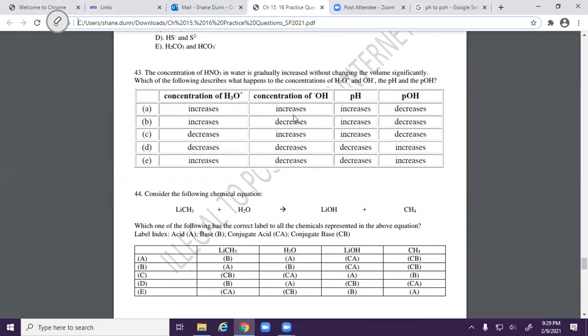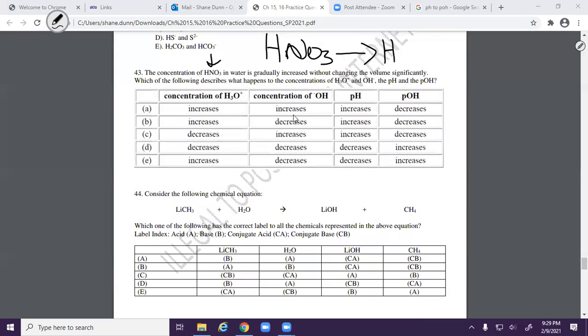So, HNO3, strong acid or weak acid? What's that mean? Okay. So, this is the equation right here, right? That's the equilibrium equation for strong acids. There is no backwards or forwards for strong acids.